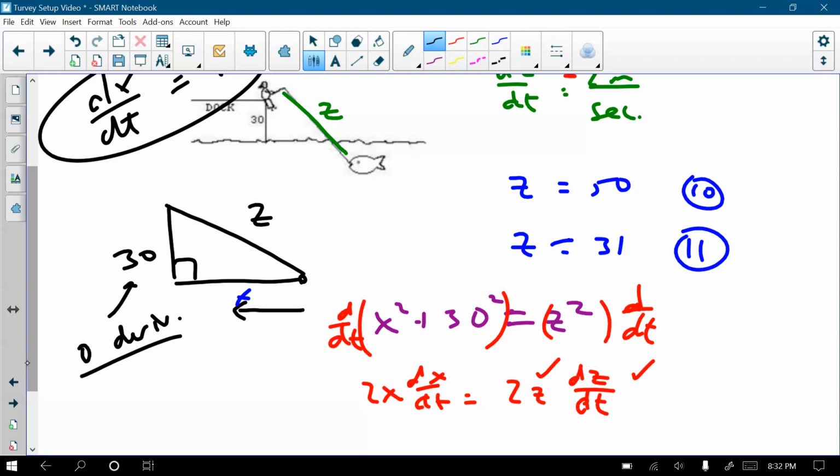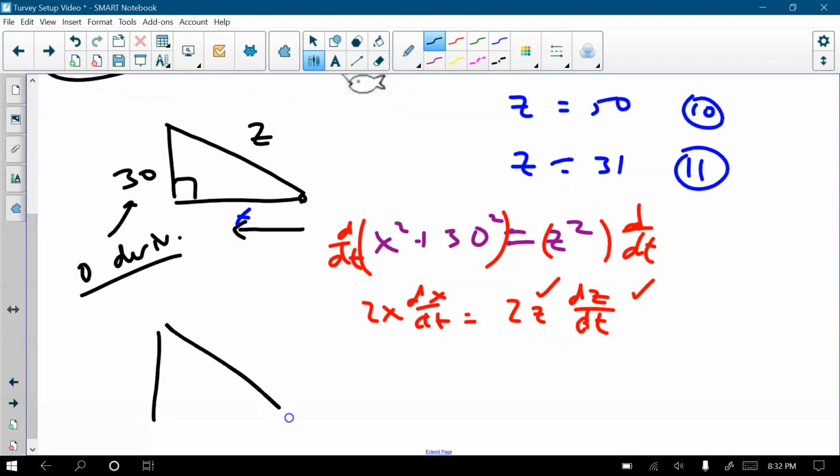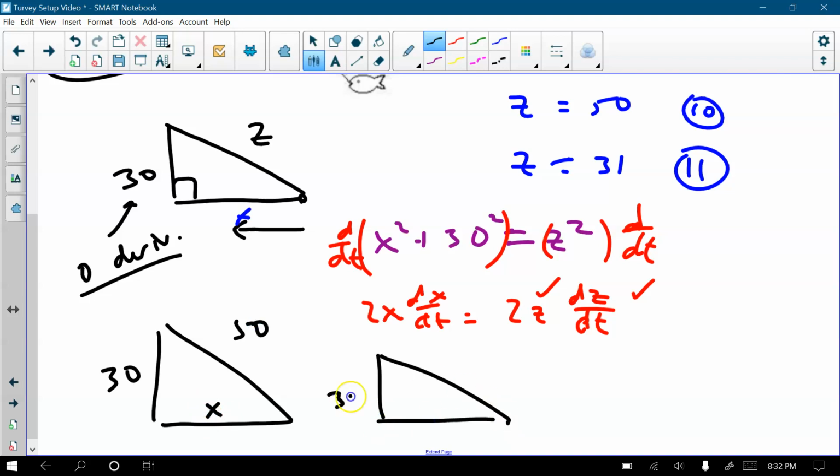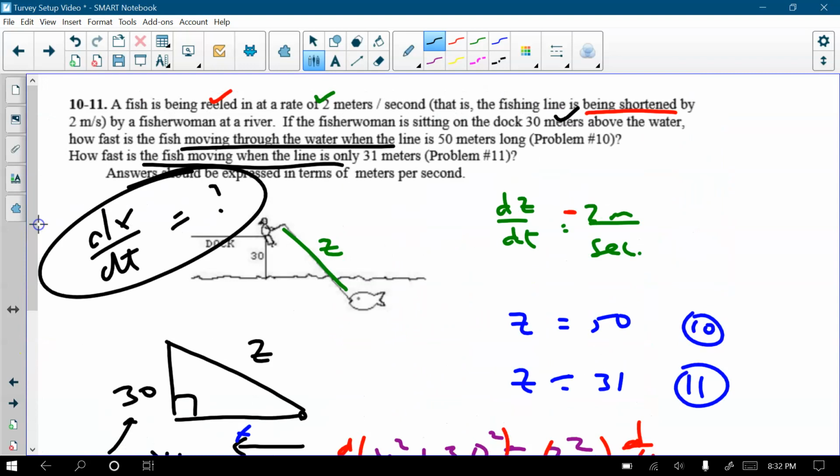So the way I get x is I have to do two separate triangles where one side is going to be 50 and where one side is going to be 31. You're going to need to use Pythagorean theorem to get each one of these. Okay, that's it for this one.